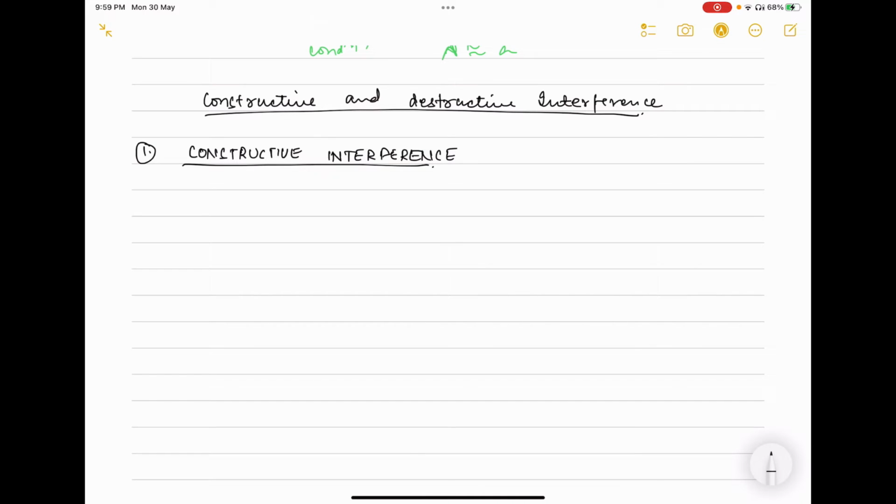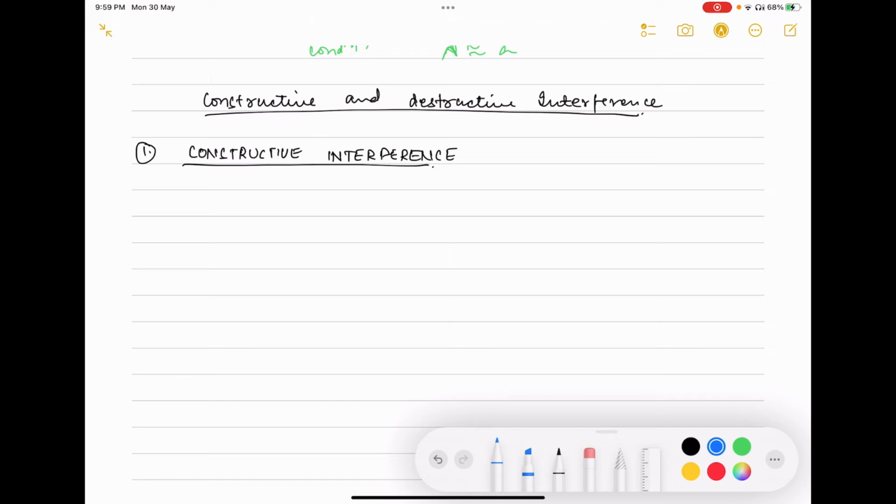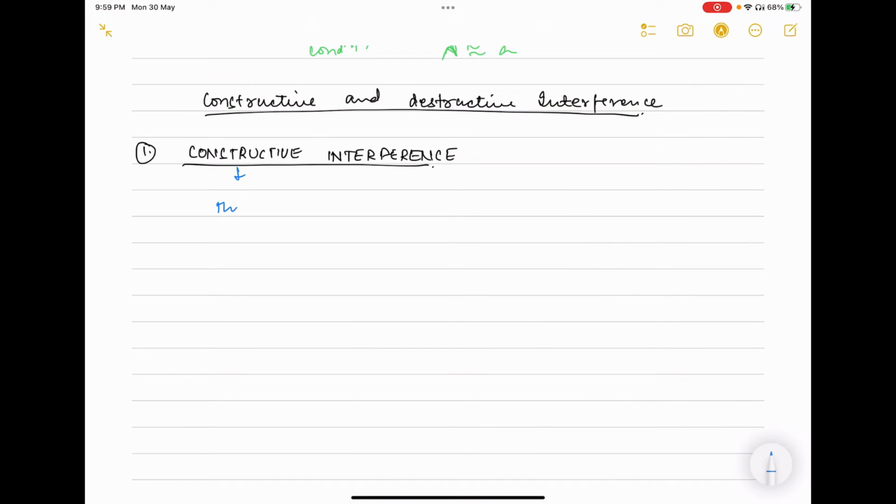What do you mean by constructive interference? As the name suggests, this is the addition of intensities basically. So we get amplification or higher intensities.